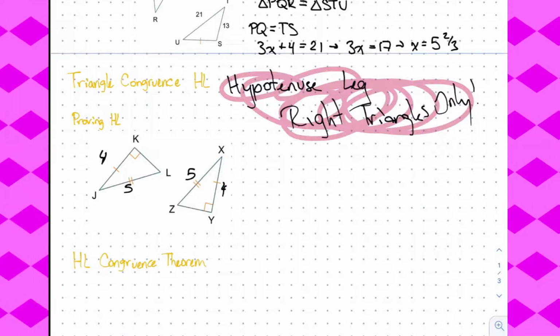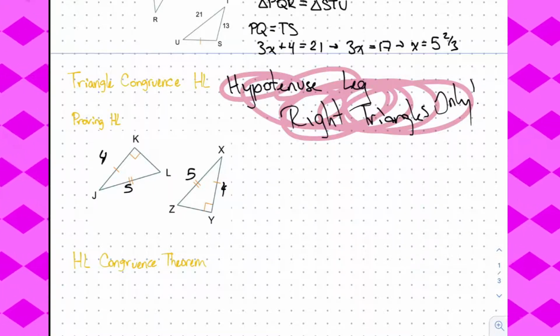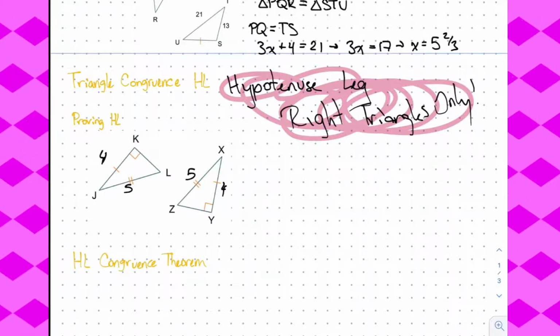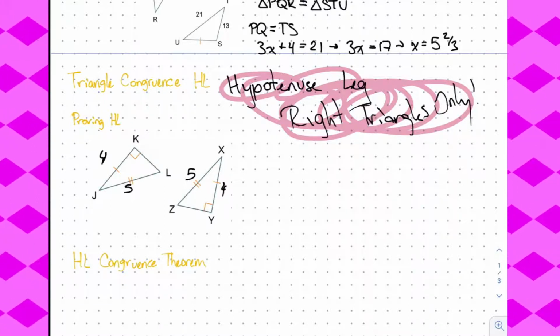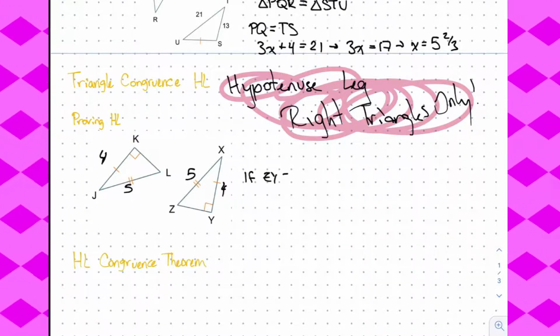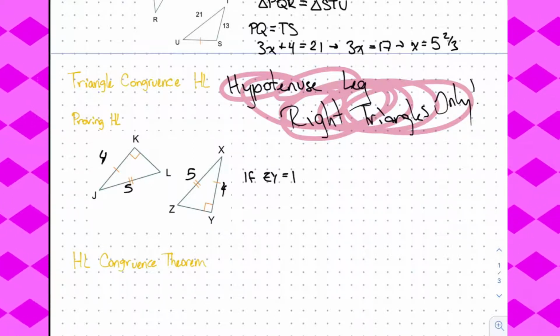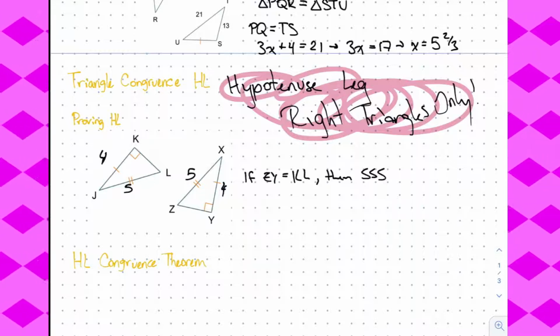So let's start by solving for our missing side, ZY. Luckily, for a right triangle, we know that a squared plus b squared equals c squared. And if I find ZY, and it's the same as KL, then these two triangles are congruent by side, side, side.